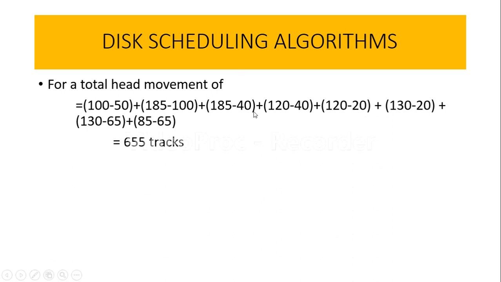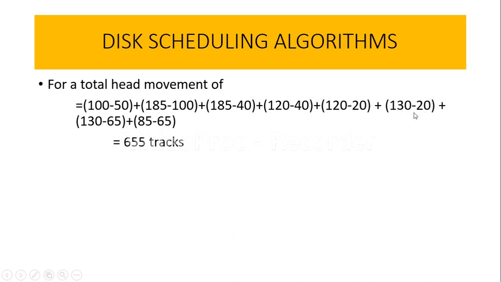Similarly, after processing track number 40, it will move to track number 120. Again, instead of writing 40 minus 120, I am writing 120 minus 40. Then from track number 120 it is moving back to track number 20, so I am writing 120 minus 20. From 20 it went to 130, so again, instead of writing 20 minus 130, I am writing 130 minus 20.